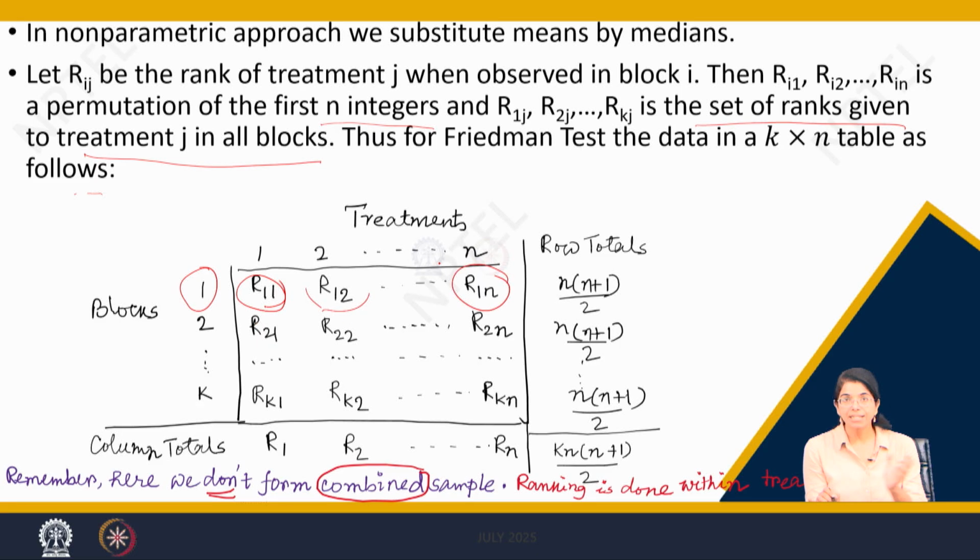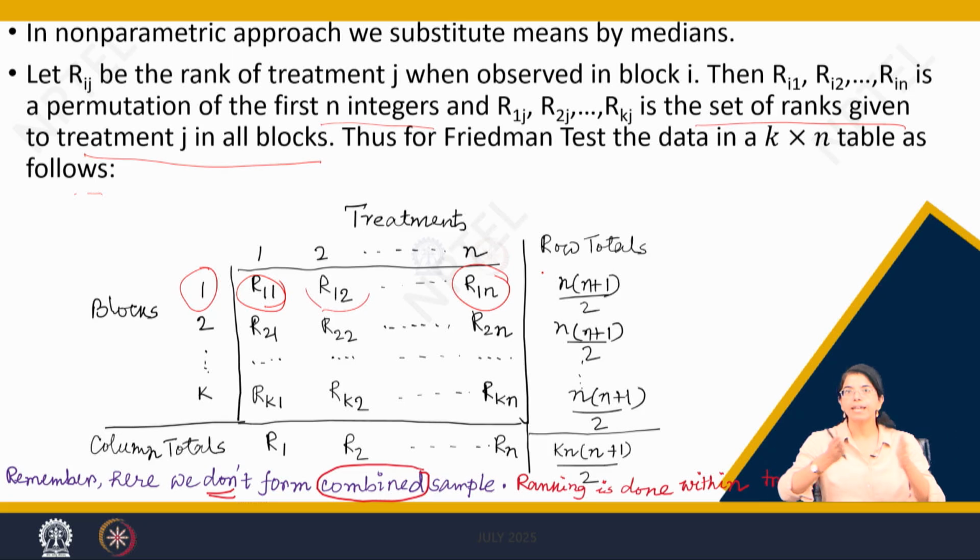So if you add all the ranks, it will be 1 plus 2 plus 3 up to n, because you have n treatments and you are fixing a block and ranking those n treatments. Clear? So the rank will range from 1 to n.